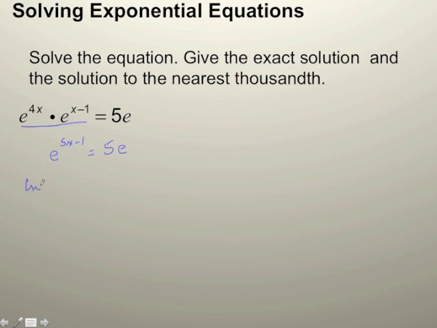So the natural log of e to the 5x minus 1 equals the ln of 5e. Remember, that's that whole thing. The ln and the e give me the exponent, equals the ln of 5e.